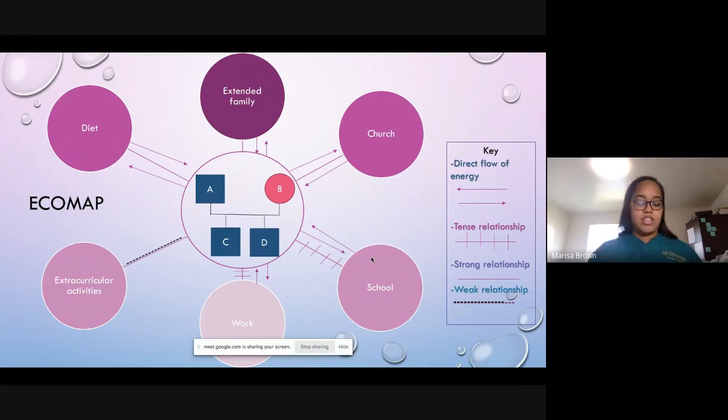EcoMap. As you can see, the family has stronger relationships with their extended family, dieting, and church. There is a direct flow of energy from all 3. There is a direct flow of energy concerning work and school, but there is also tension.